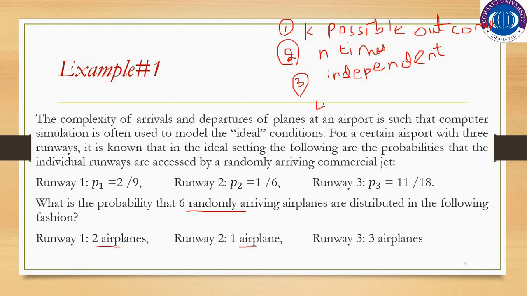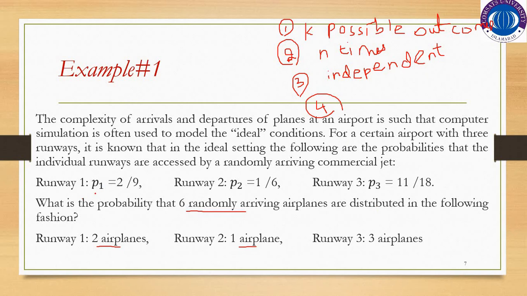And property number 4 is that the probability of success remains the same. Here we have 3 categories and all of them are considered as success, as we are finding out the probability that 6 randomly arriving airplanes are distributed at the runways.